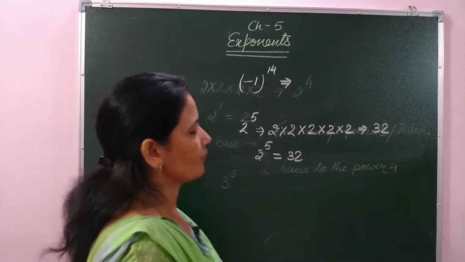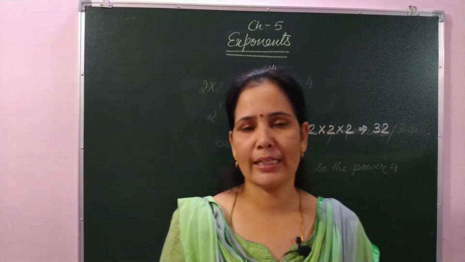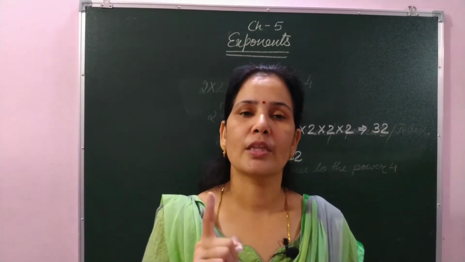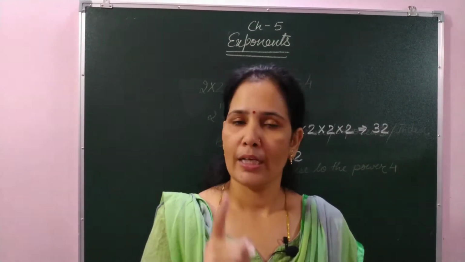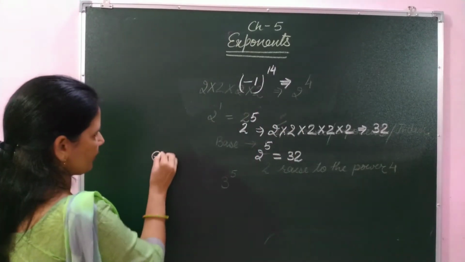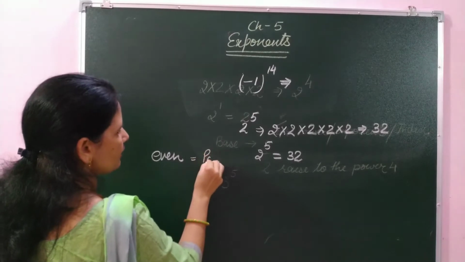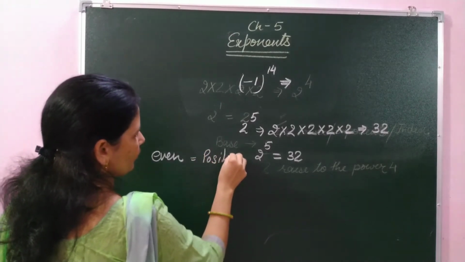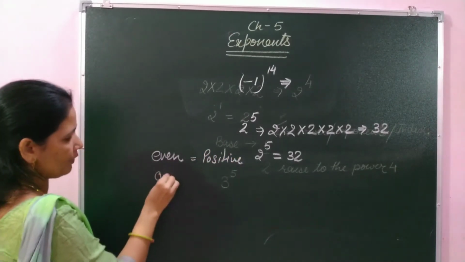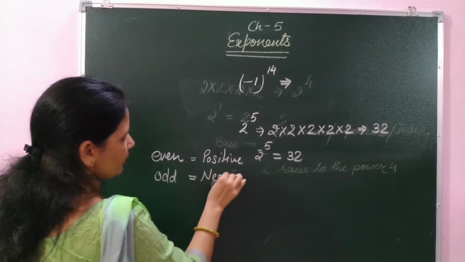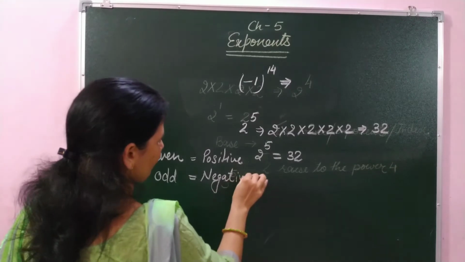Students, in case of a negative number, we observe the power. If the power is even, then we get a positive answer. If the power is odd, then we get a negative answer. This is the main thing that we have to remember.